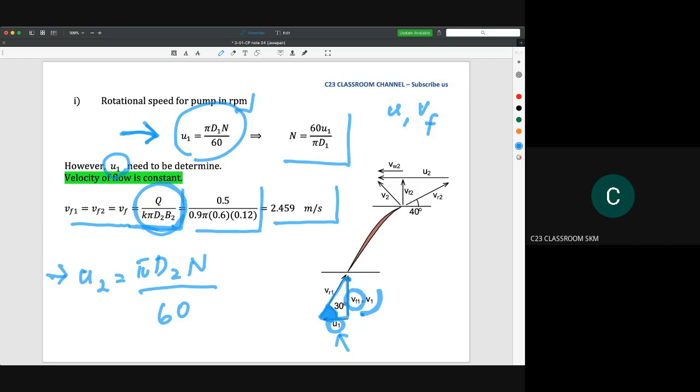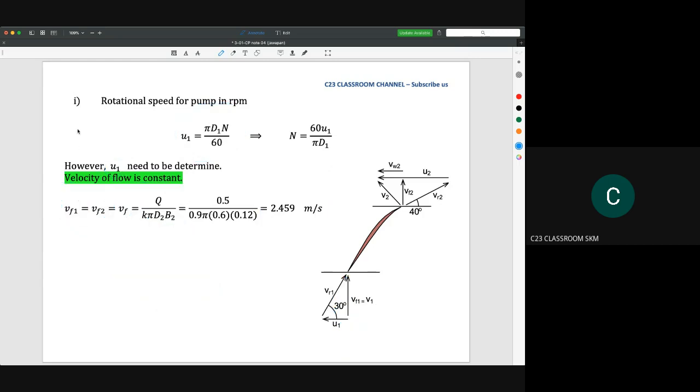However, because we have a statement that the velocity of flow is constant, we assume that VF2 is equal to VF1, or we can just use VF. So 2.459 is actually the value of VF1. So I think you have an idea to solve this problem by using trigonometry.